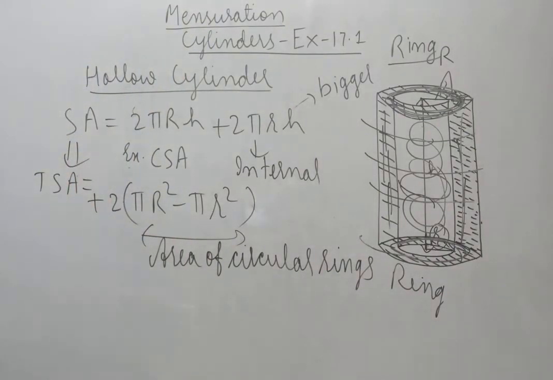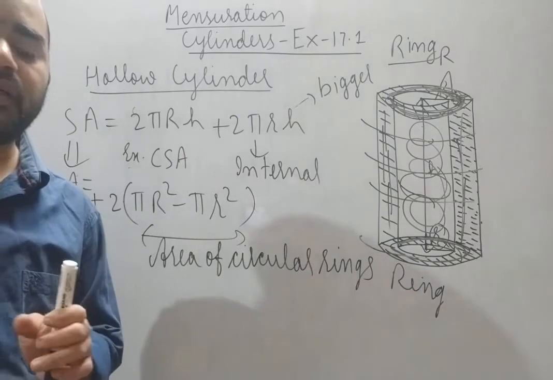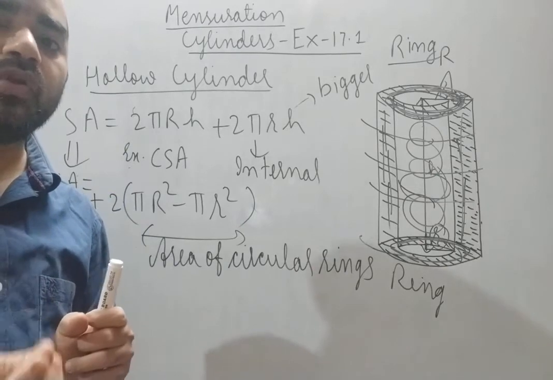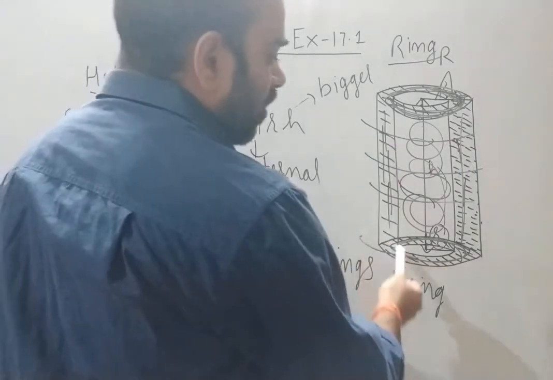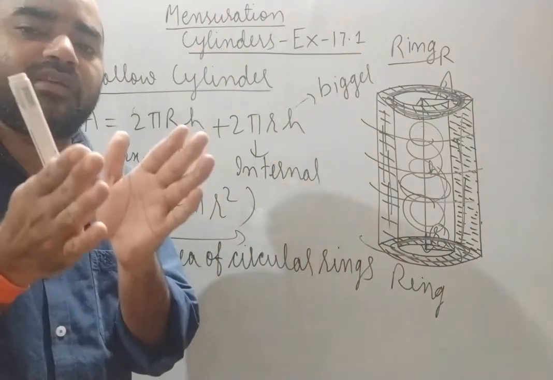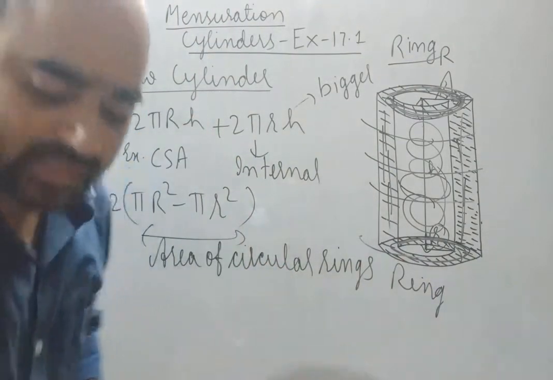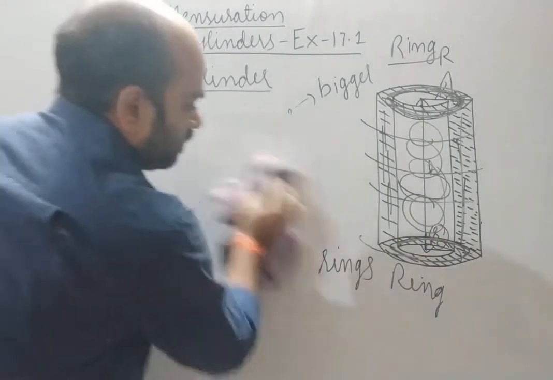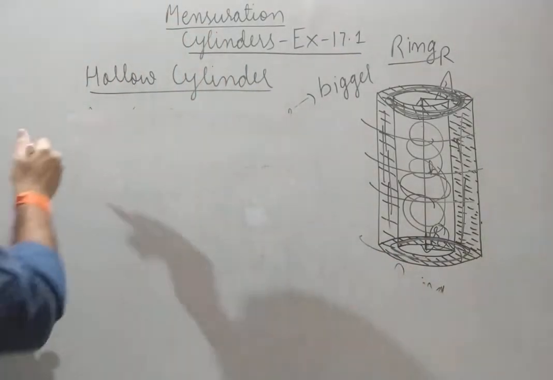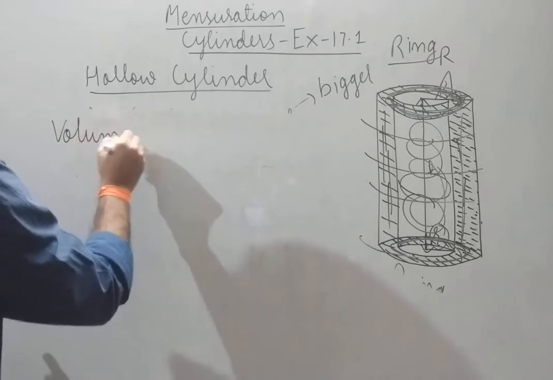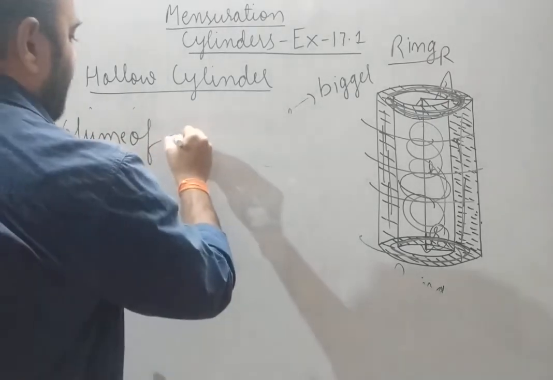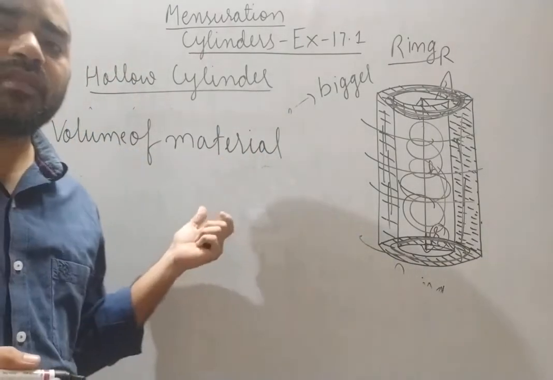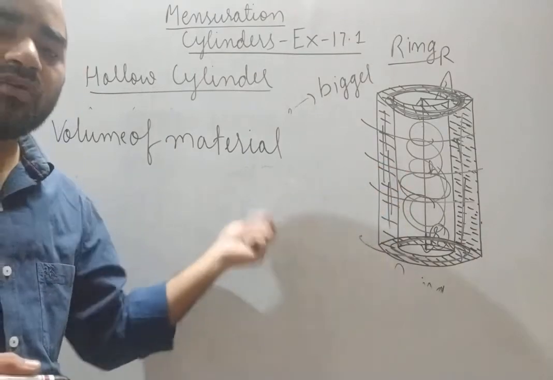Now we will study how we are interested in finding the volume of material used in making the cylindrical pipe or the hollow cylinder. And see, material is filled only in the faces, that is, between the external and internal faces. That is the material. So volume of material, any material, maybe metal, plastic, wood or rubber.